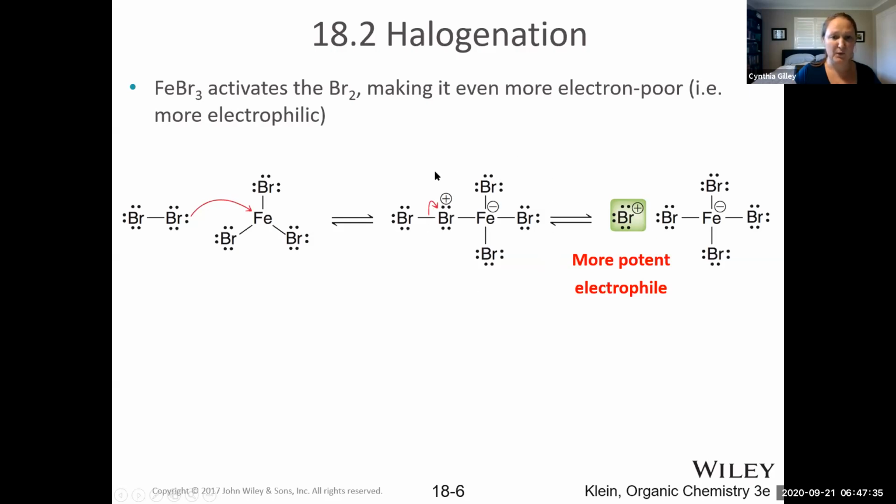Iron with 4 bromides attached is the leaving group. And other times they'll just show this bond breaking prior to the nucleophilic attack. So basically loss of a leaving group occurring prior to nucleophilic attack and then having the nucleophile attack here. So it's just your preference of whether or not you believe that Br plus is forming in solution or you don't, and different organic chemists will disagree on this.